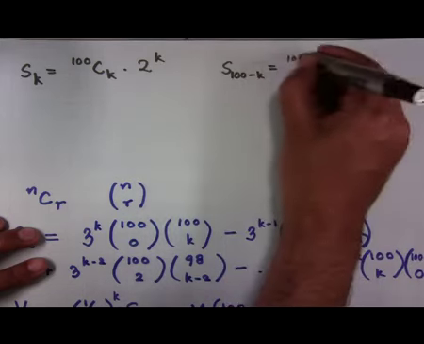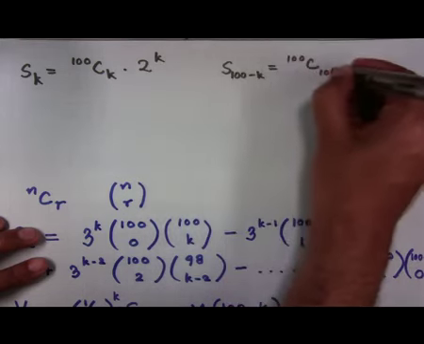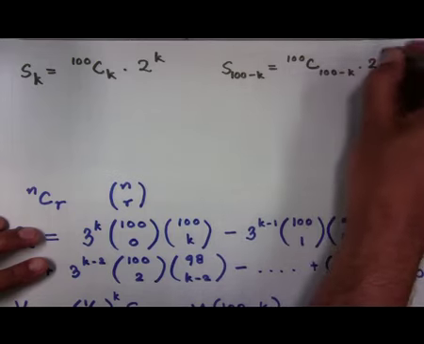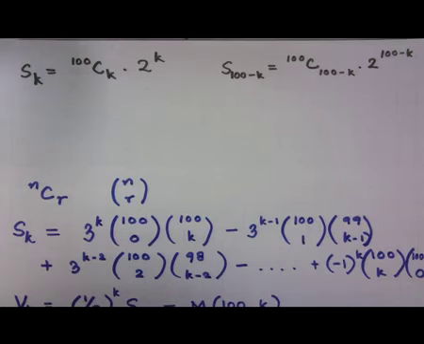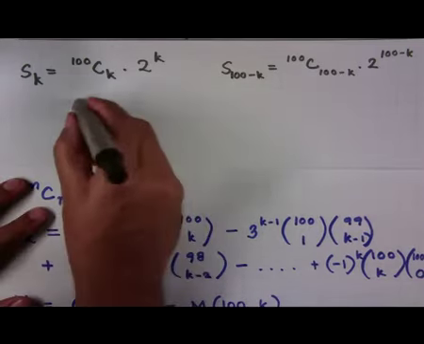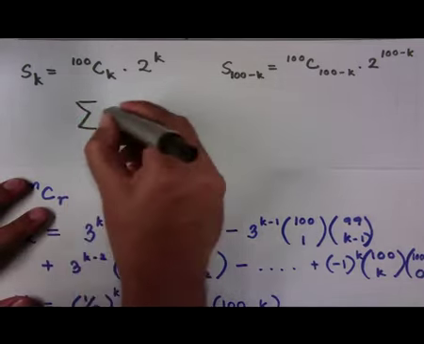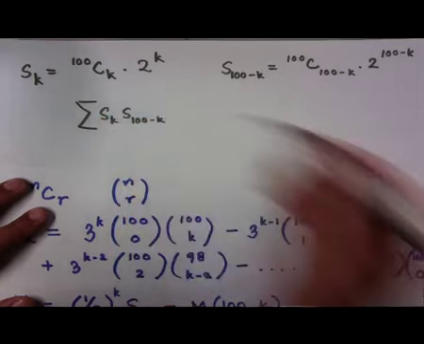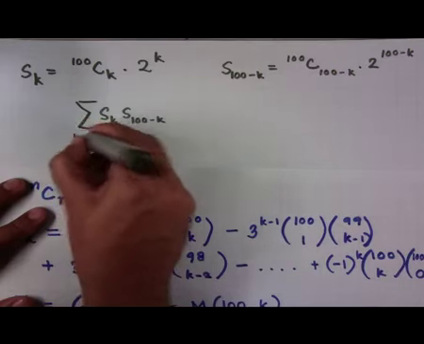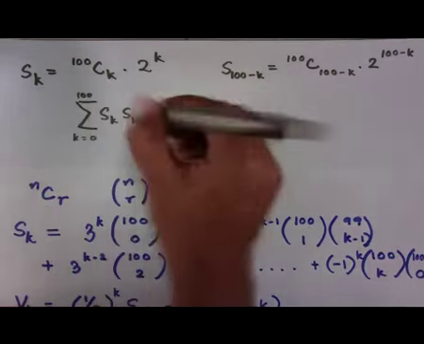It is going to be 100 C 100 minus k times 2 power 100 minus k, all right. And then if I do a sigma of that, this was my question.